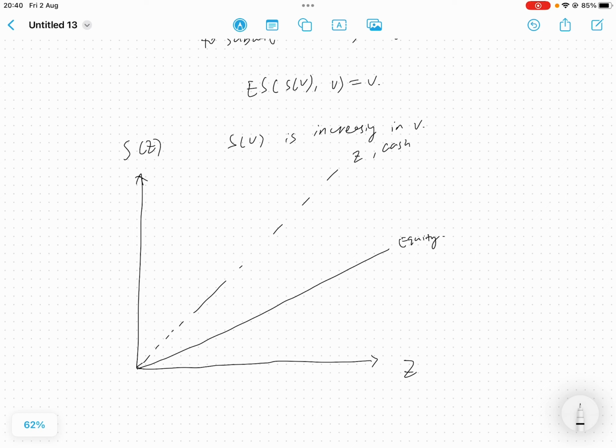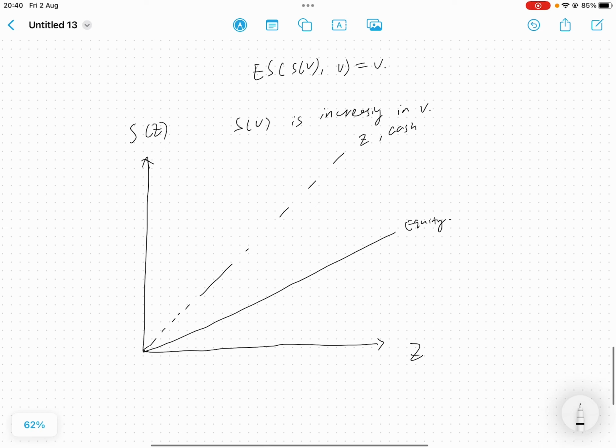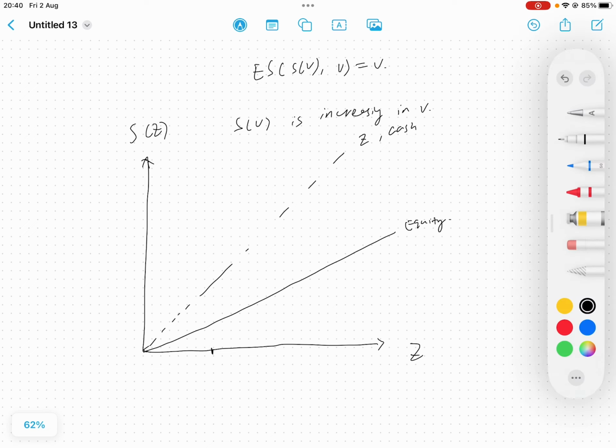And for the call option, we have a strike price. Before that it's 0, and after that it's 45 degrees. So this is a call option.